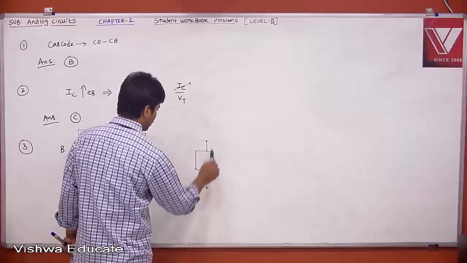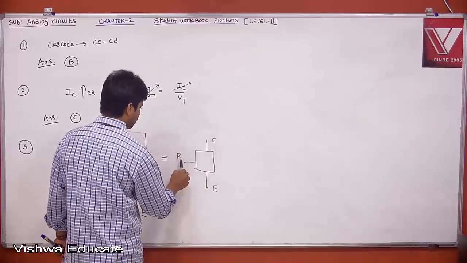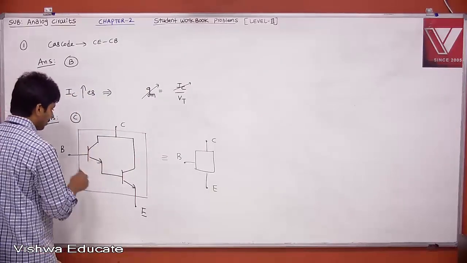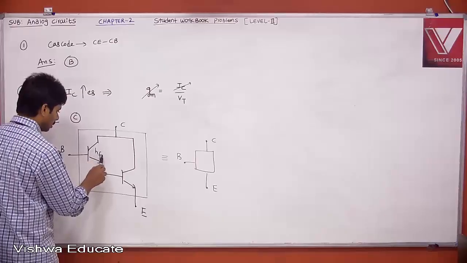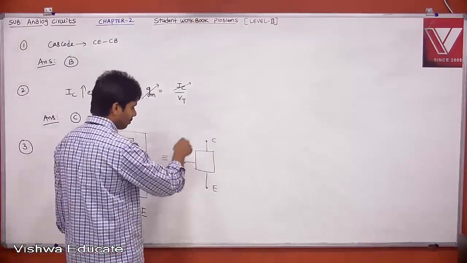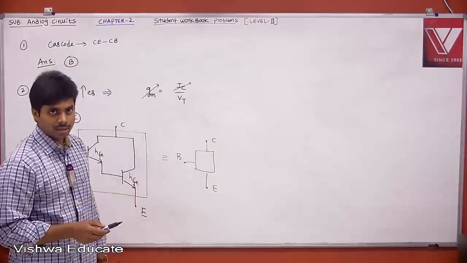And this is our collector and then emitter, and this is our base, composite transistor terminal. Then this has HFE, and this also has HFE. Now he is asking what is the overall HFE of this. HFE of your composite transistor.